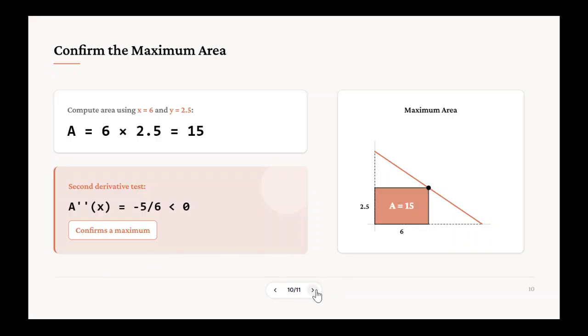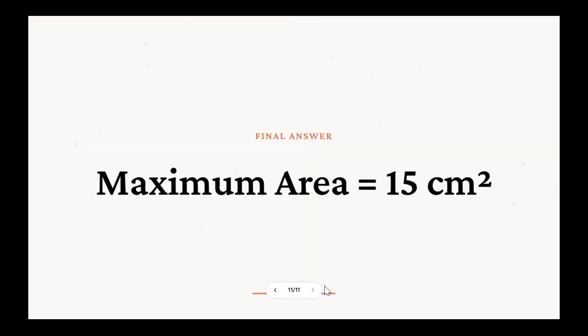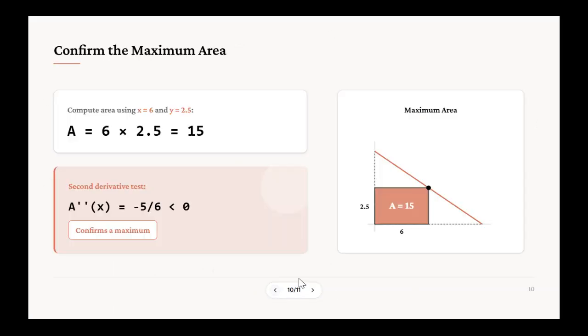This brings us to our final conclusion. By plugging in our optimized width of x equals 6 back into our height equation, we found a height of y equals 2.5, and when we multiply these two together, we get our absolute maximum area, 15 centimeters squared. This is the peak performance of our rectangle within this 5, 12, 13 triangle.